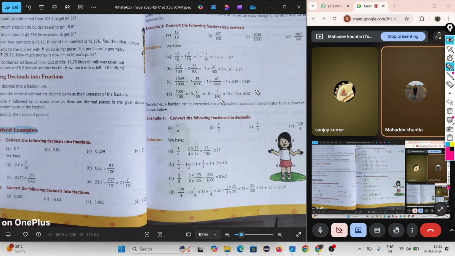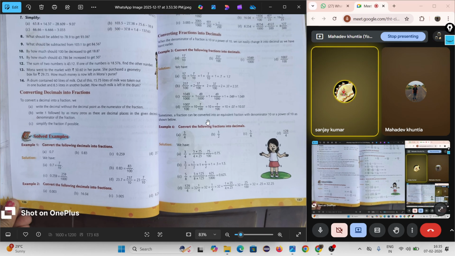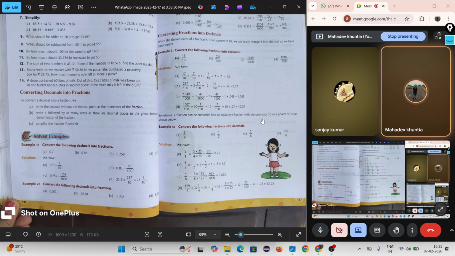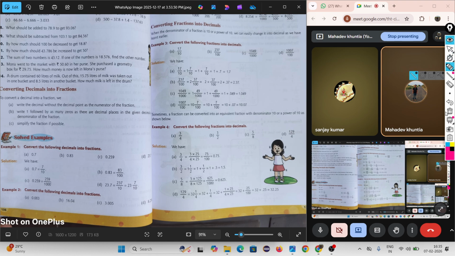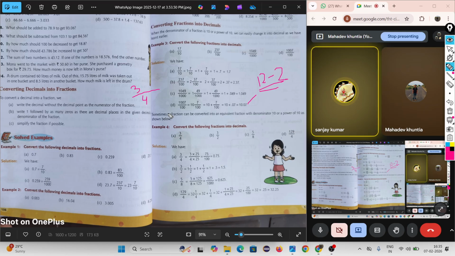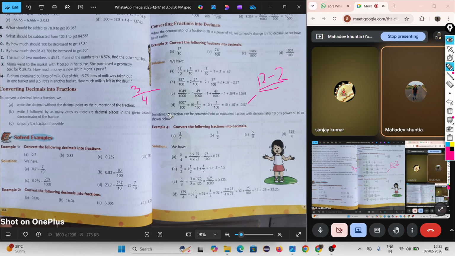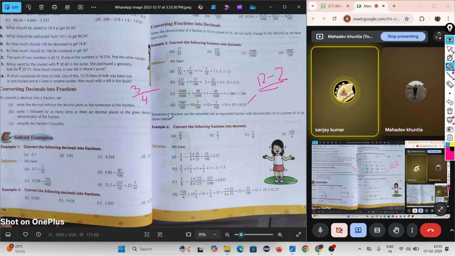Look, sometimes a fraction can be converted into an equivalent fraction with a denominator of 10 or a power of 10, as shown below. This is rule number 2. Look, in 3 upon 4, what is the denominator? 4.